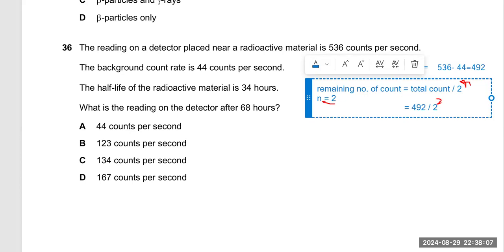Next, 492 divided by the square of 2, which is 4, and you have to divide this. 492 divided by 4 is 123. So your answer will be 123 counts.